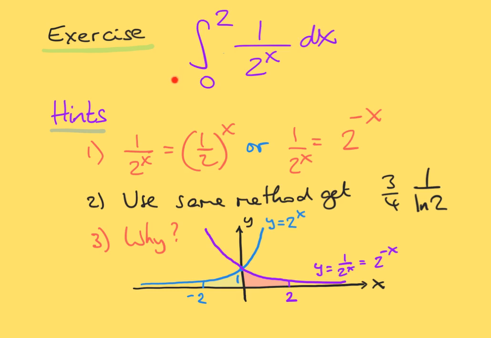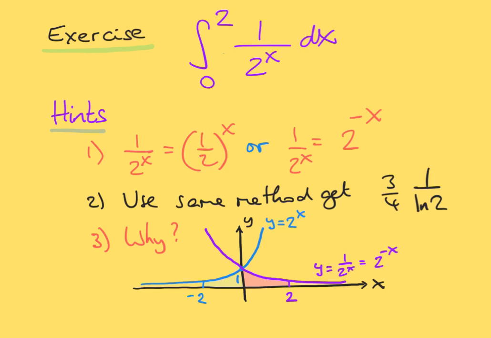So the exercise on this final slide is here to integrate from 0 to 2, 1 over 2 to the x with respect to x. And the key thing to notice is what the powers here mean. 1 over 2 to the x is the same as a half to the x, and that can also be written then as 2 to the minus x, because a half is 2 to the minus 1.